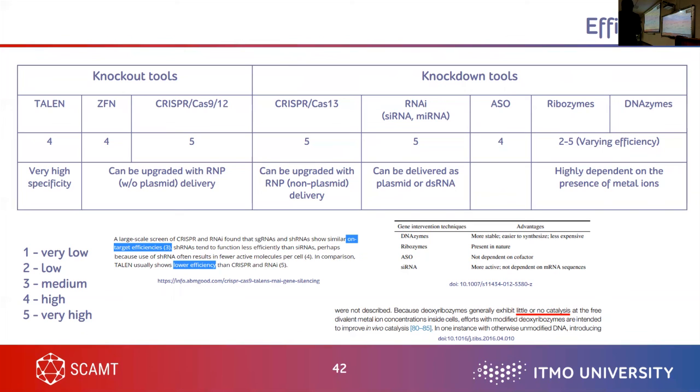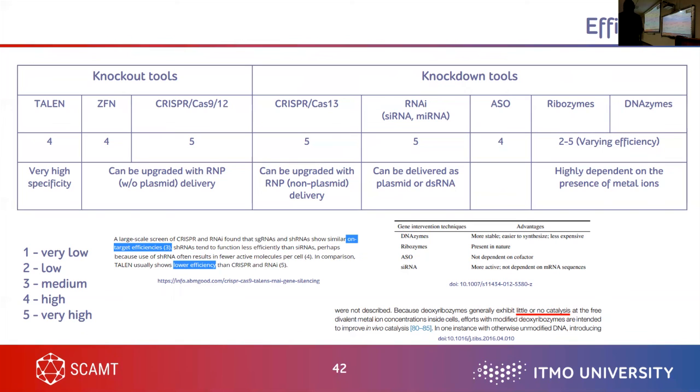So it's a very arguable moment, because they have varying efficiency since they are highly dependent on the presence of metal ions inside cells. There is an article that describes this about DNA enzymes and ribozymes.